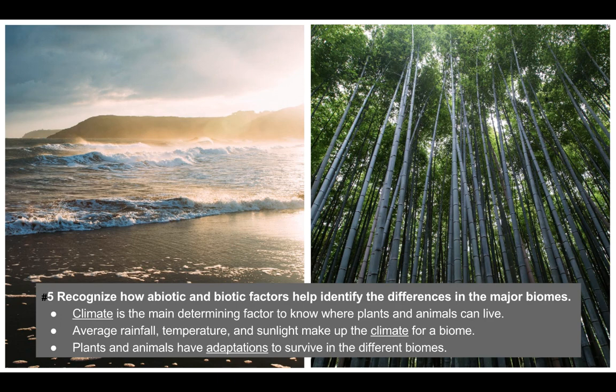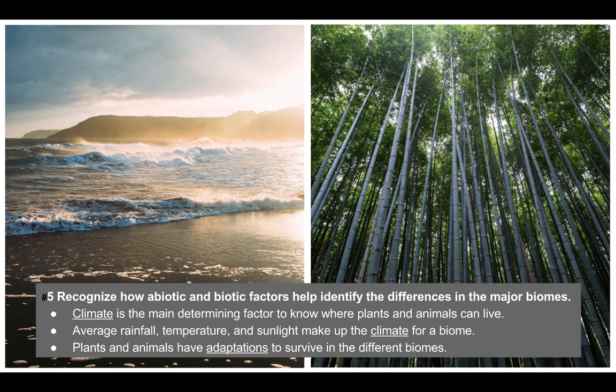We have black bears. We don't have grizzly bears because grizzly bears are in a different biome. We have small squirrels, and other biomes might have larger squirrels. So we can say this is this specific biome based off of what plants and animals are in that biome at that time.